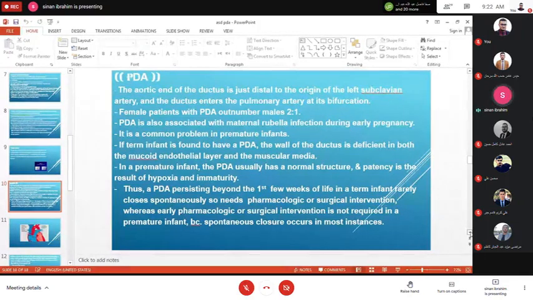This type of congenital heart disease is also more common in females than males, usually 2 to 1 female to male ratio, and may be associated with TORCH infection like maternal rubella during early pregnancy.